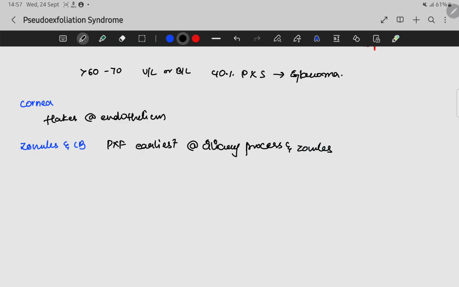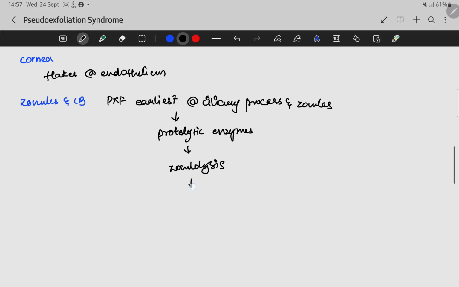From there, proteolytic enzymes in this material cause zonulolysis. So this will cause zonulopathy and trabeculopathy, so that means there are deposits even in the endotrabecular and exotrabecular origins also.